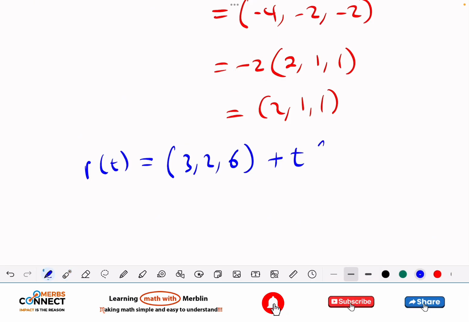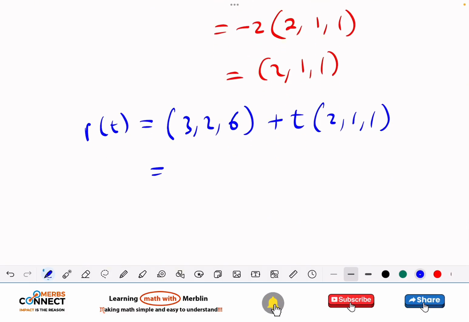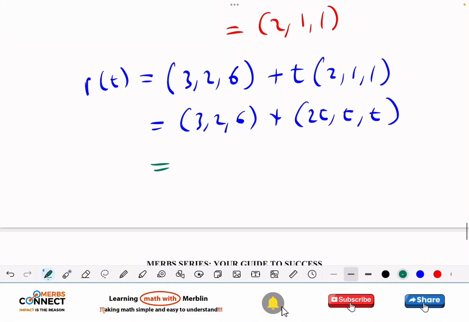So 3, 2, 6 plus t times 2, 1, 1, which is equal to, adding component to component, 3 plus 2t, 2 plus t, and 6 plus t.